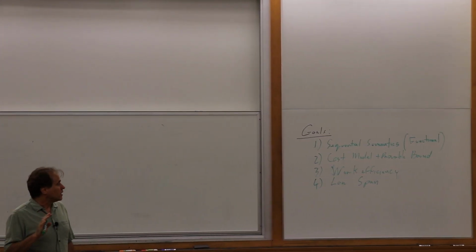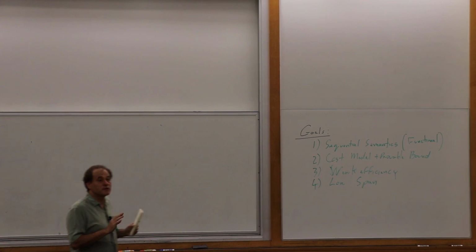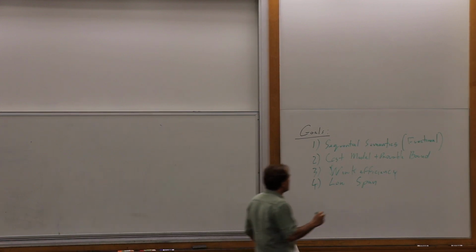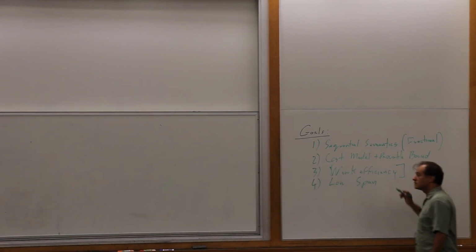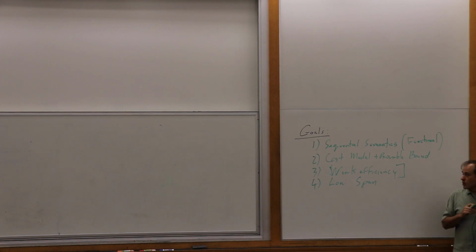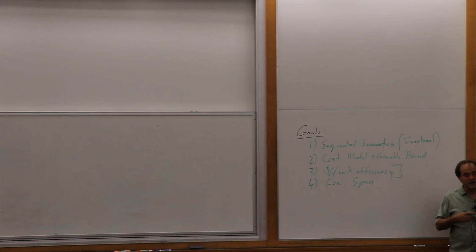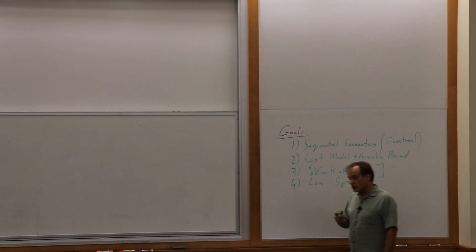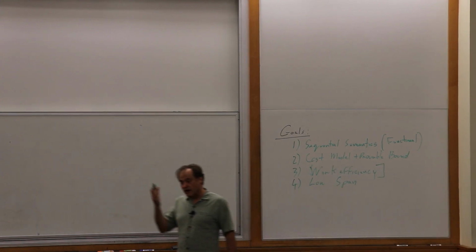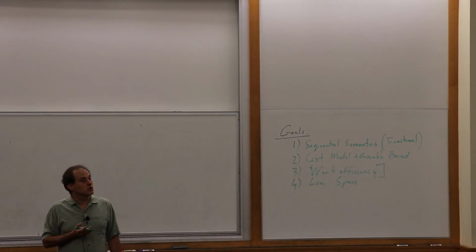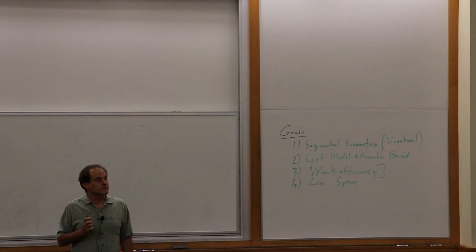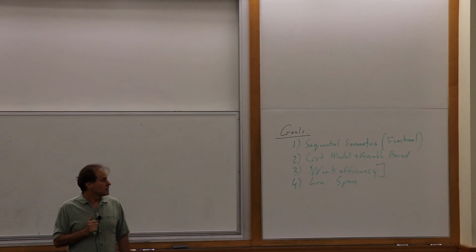Probably work efficiency is more important, because if your work efficiency is off by a factor of 20, and you've got 20 cores, you divide the work by your 20 cores, and you're back to the sequential algorithm, and you've gained nothing, right?